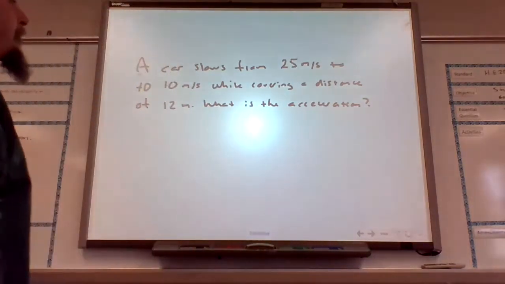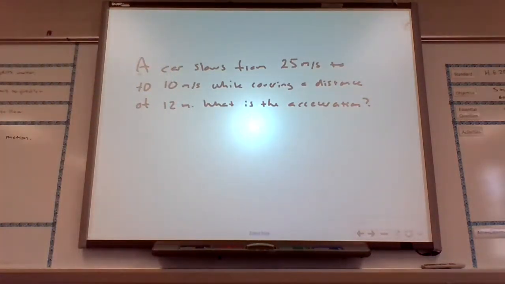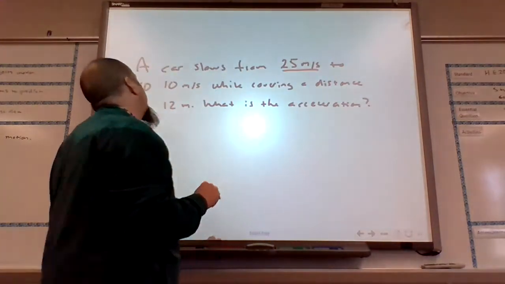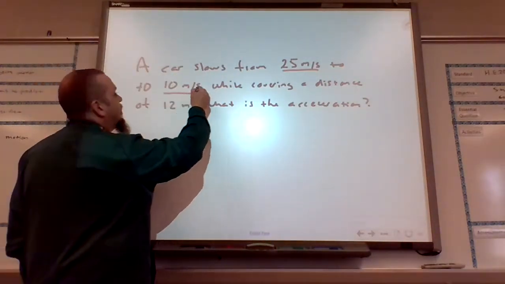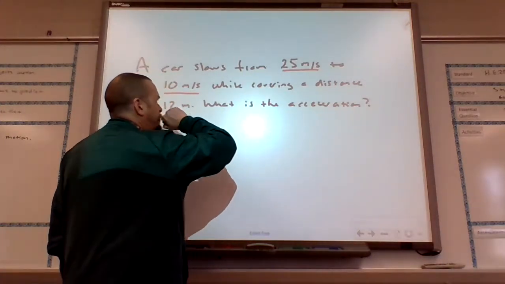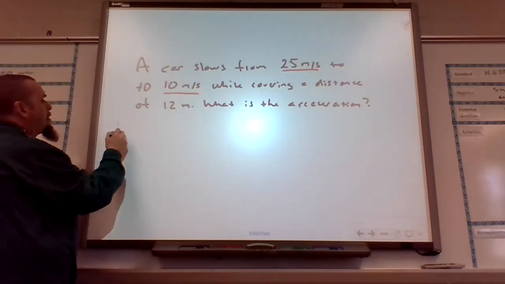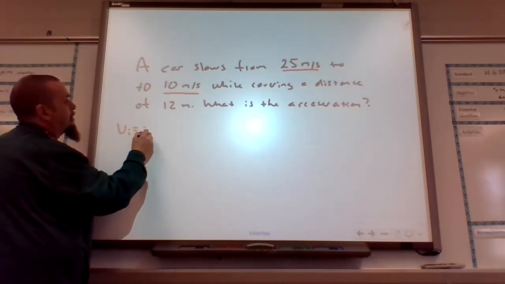So again, we start our process using that problem-solving process by figuring out what numbers we have to work with and what we're trying to find. As far as numbers we have to work with, we have 25 meters per second, we have 10 meters per second. These are both velocities. This says from 25. From indicates Vi, tells you where you start.